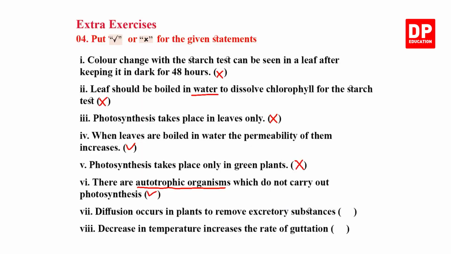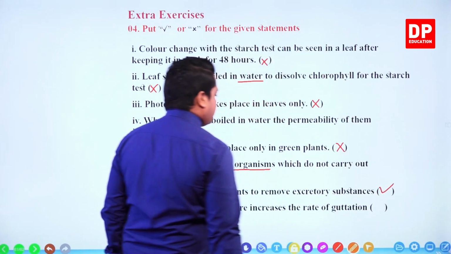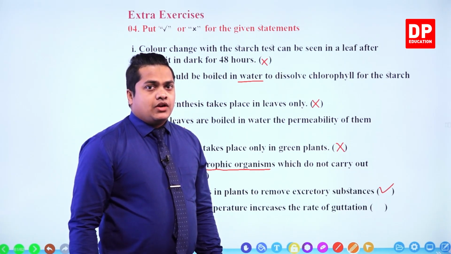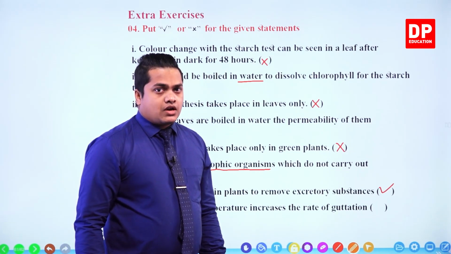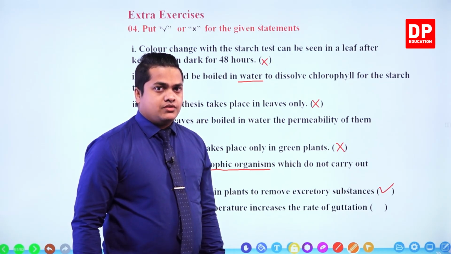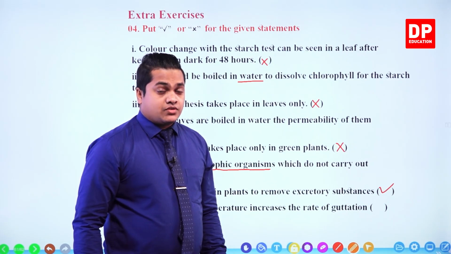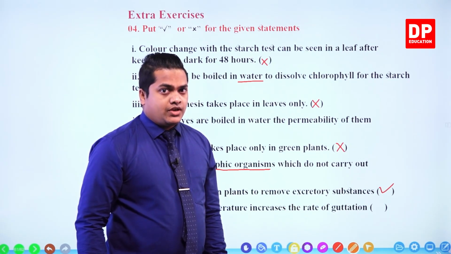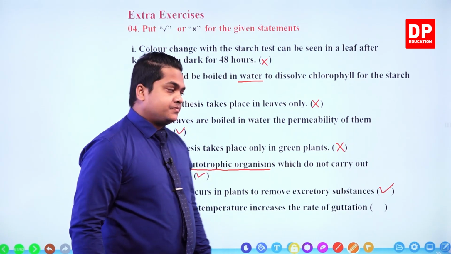Next one. Diffusion occurs in plants to remove excretory substances. Correct. To remove excretory substances, diffusion occurs. A better example is the removal of carbon dioxide gas and water vapor given out by respiration and photosynthesis. The diffusion process is going to help out.